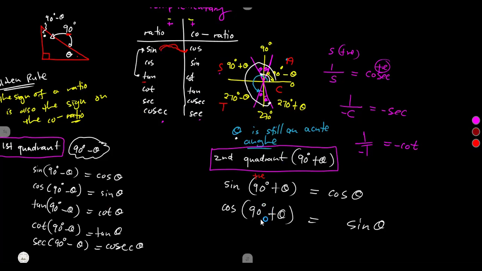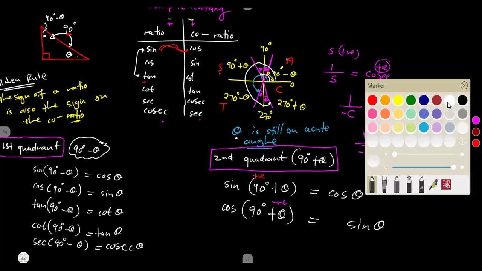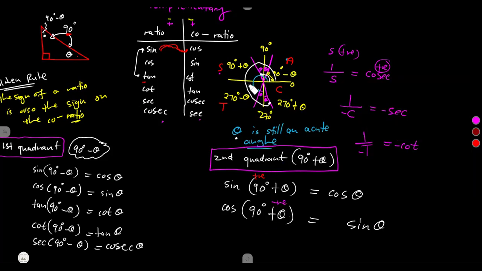We are in the second quadrant, where only sine is positive, so cos is negative. The sign of a ratio is the sign of its corresponding co-ratio. So this sine is supposed to carry a negative. As this one carries a negative, where it lies, it is negative. It means our sine is going to be negative.